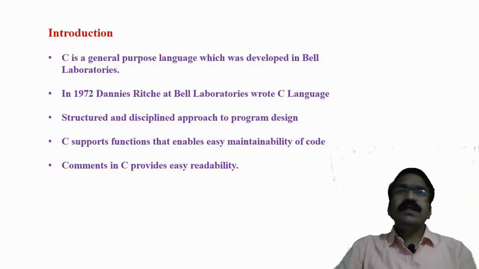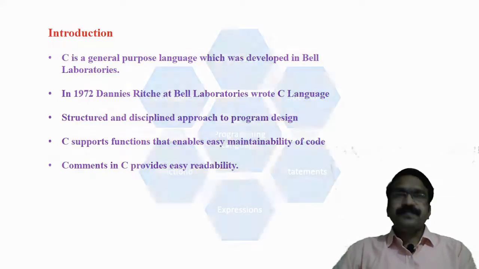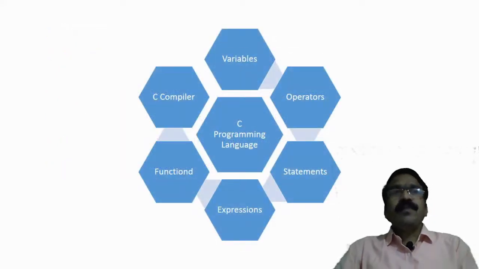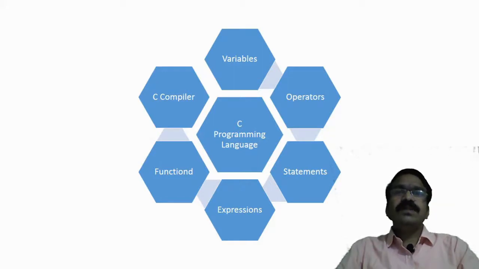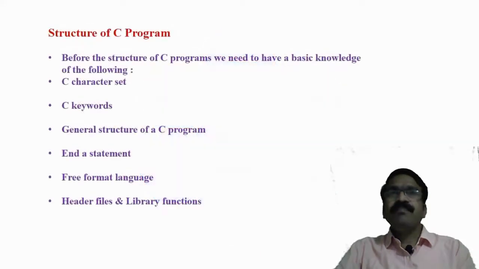We can easily read the source code in C programming because of the comments. Basically, C is derived from some parts: variables, operators, statements, expressions, functions, and C compilers. Using all this, the C programming language is derived.